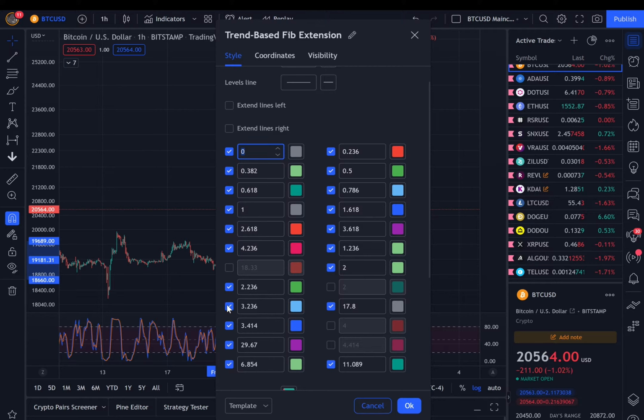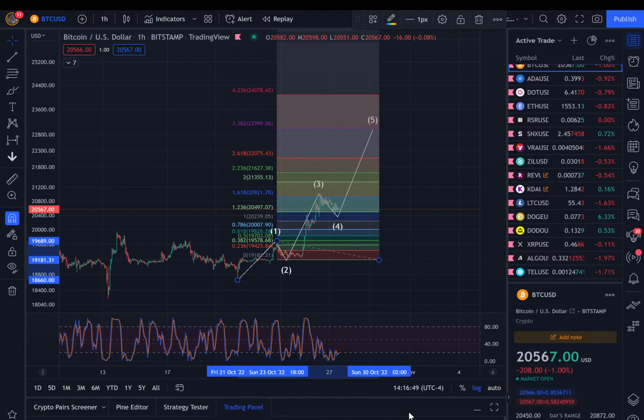Okay, let's get rid of this. And let's do 3.382. Actually, let's get rid of this. And let's do it with the purple. 3.382. Let's try that. Okay, maybe. Maybe. It's close. It's really close to the 3.382. I would say the 3.382. Okay, I'm gonna keep that on. Actually, let's make that blue. I really liked whatever color that was.